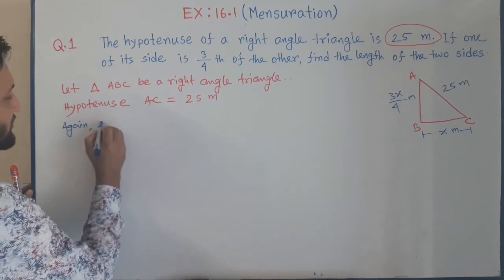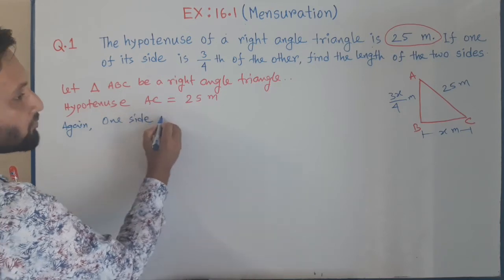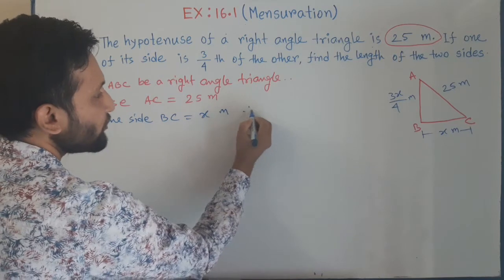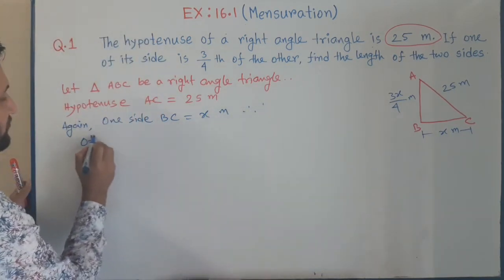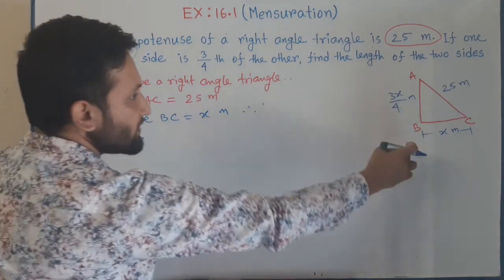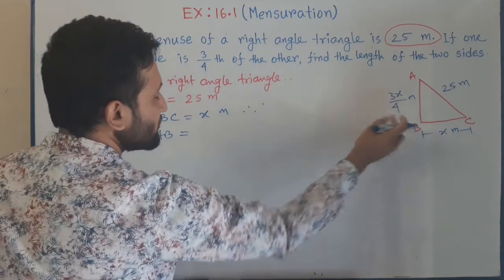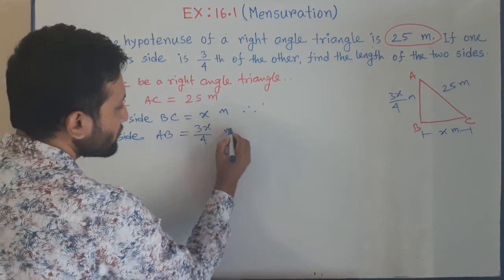Let one side BC equal x meter. Therefore we can write the other side AB equal to 3x/4 meter according to the question.